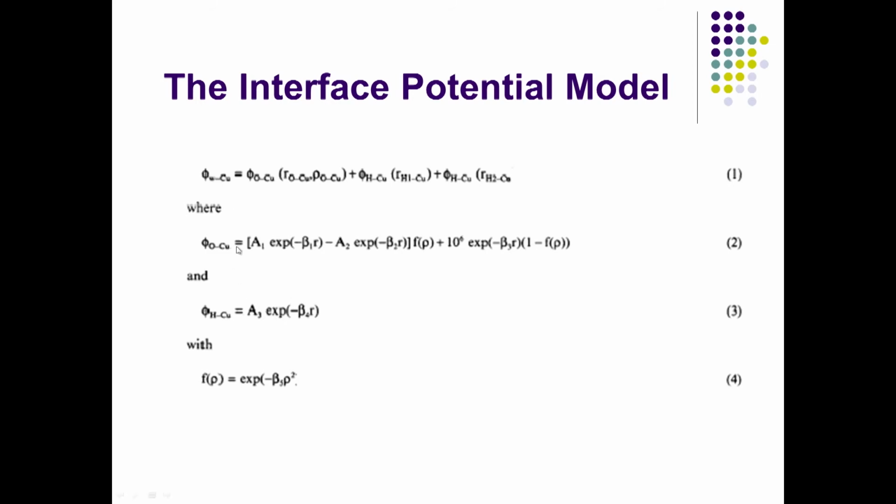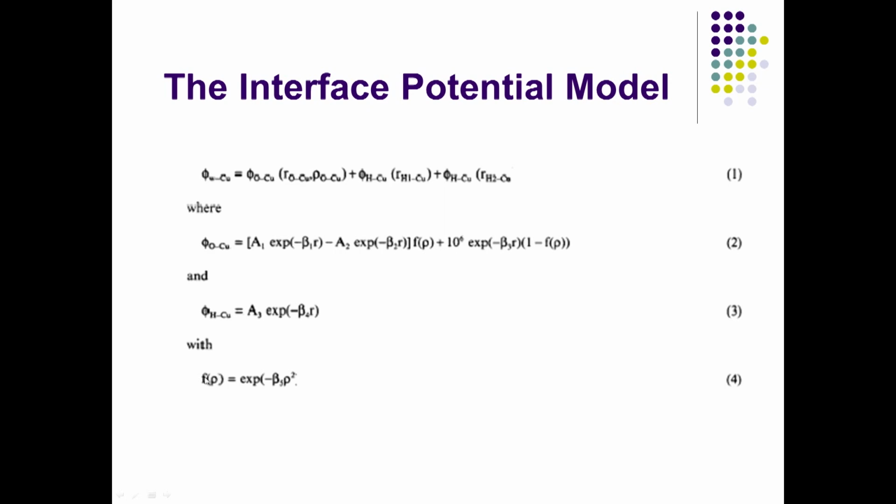So, if you look at your slide, this is the potential function that I came up with for this interface between copper and oxygen. So, you have a potential between water and copper, where oxygen and copper, hydrogen and copper, and second hydrogen and copper. Then you also have hydrogen and copper along with another function, which is a distance function between the two atoms.